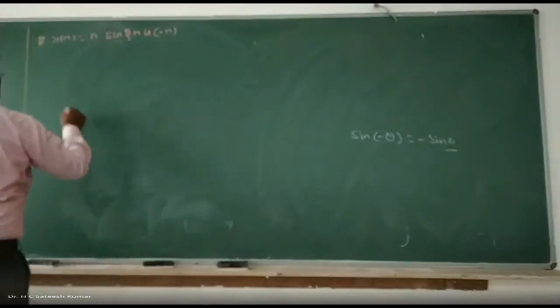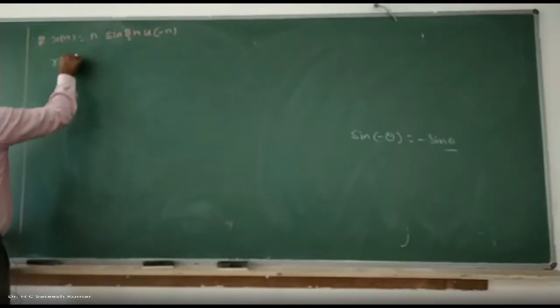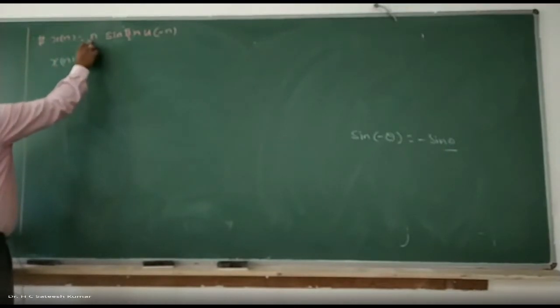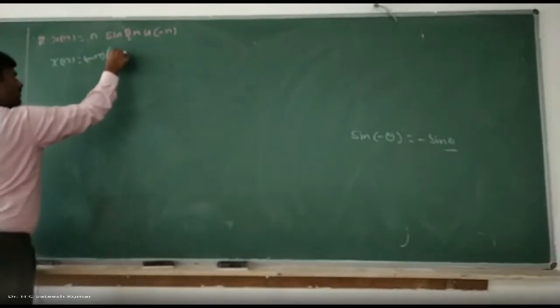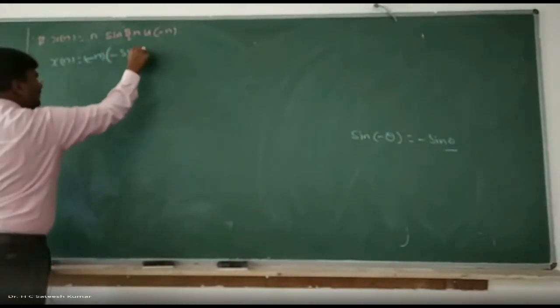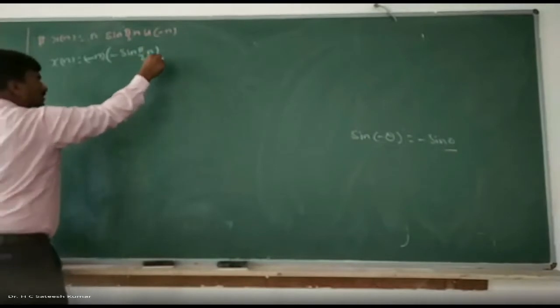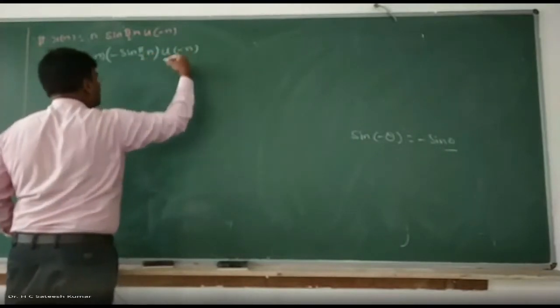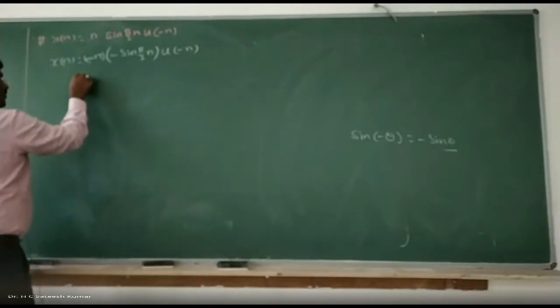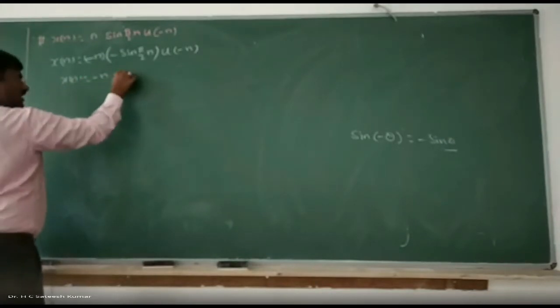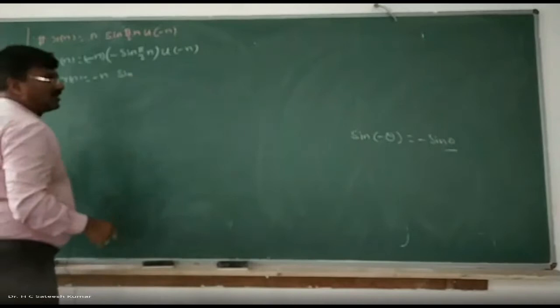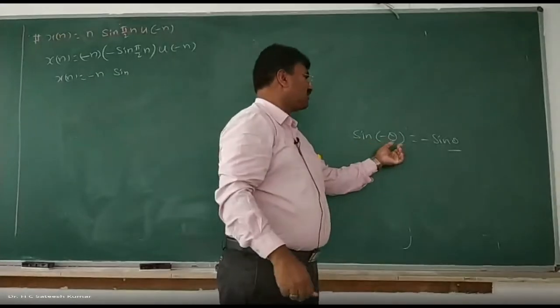So we can write x of n is equal to minus n into minus sine of pi by 2 n into u of minus n.